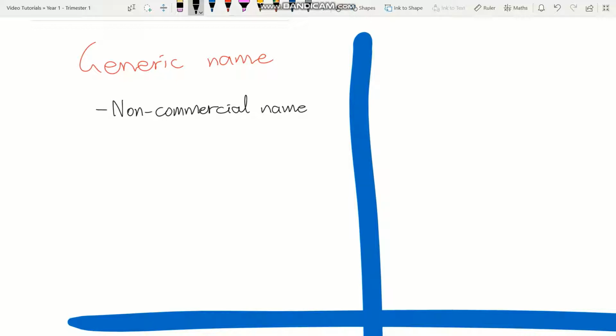Now, this generic name can actually give us hints about the structure of the drug. And in this case, I mean the chemical structure. But this is not always the case.